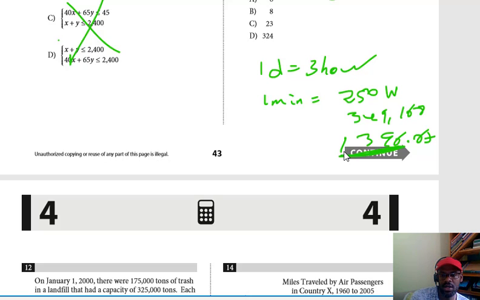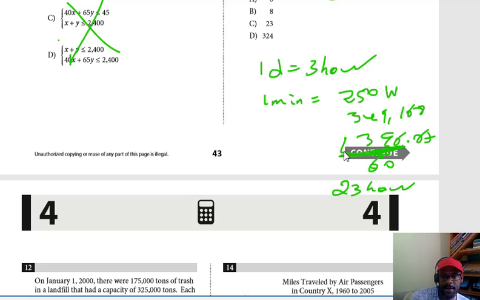Since we're talking about hours, let's divide this by 60. So I have around 23 hours. Okay, 23 hours.